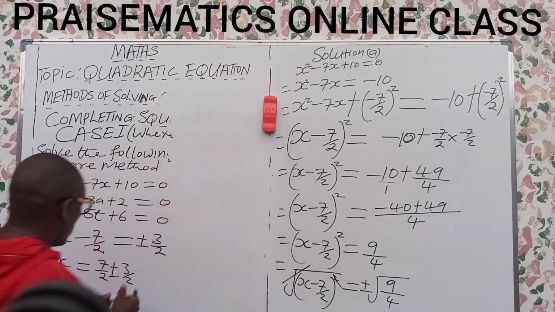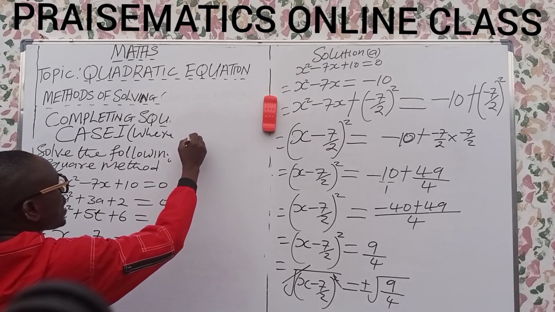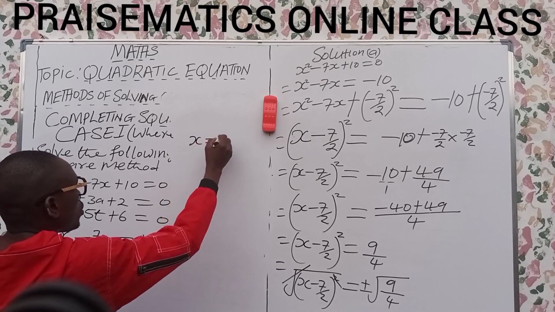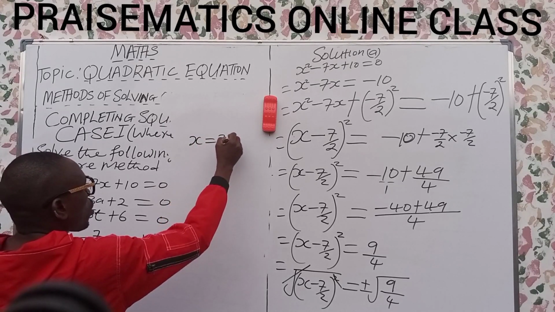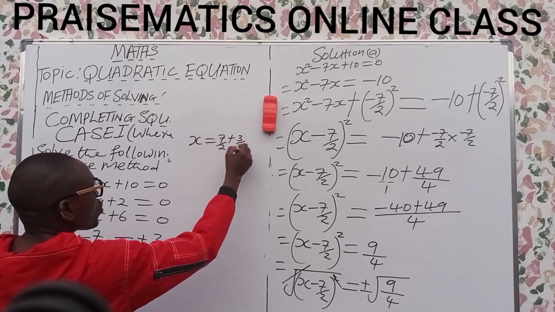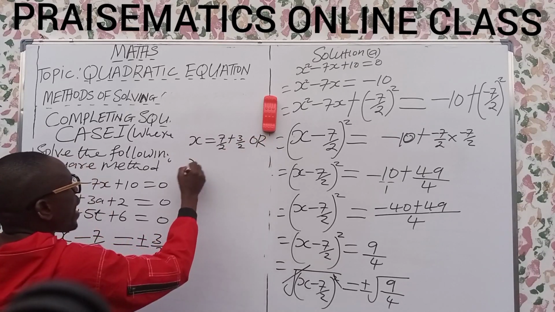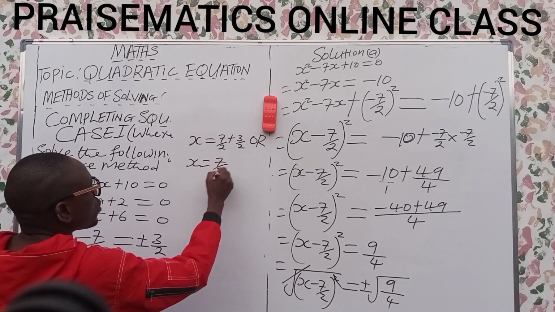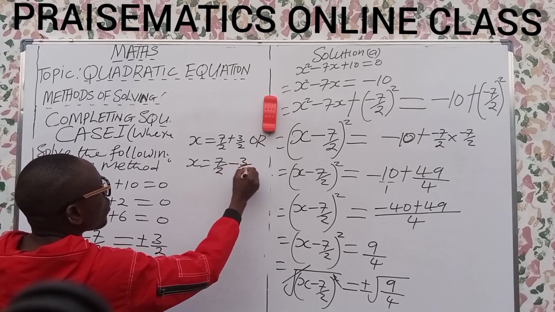So now let's continue. We have that x is equal to 7 over 2 plus 3 over 2, or x is equal to 7 over 2 minus 3 over 2.